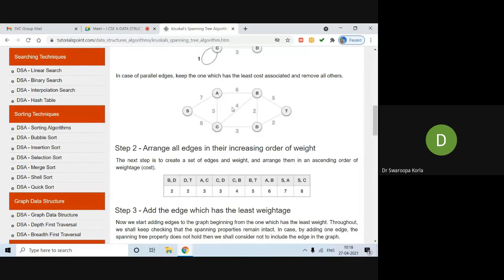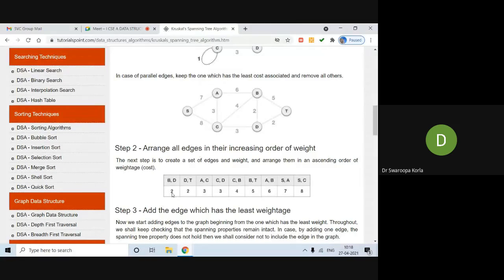And 4. After 4, in increasing order, 5. After 5, 6. After 6, 7 and 8. Now what will we do? Look at step 2: arrange all the edges in their increasing order of weight.